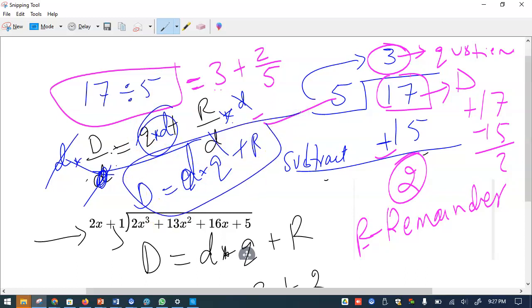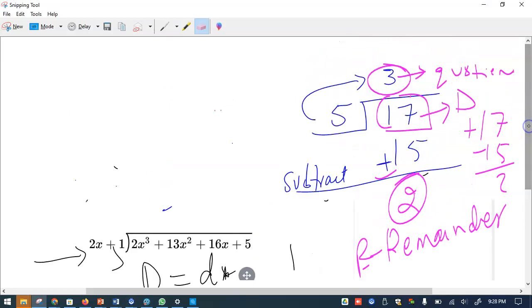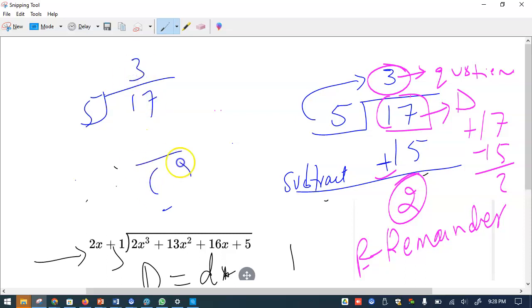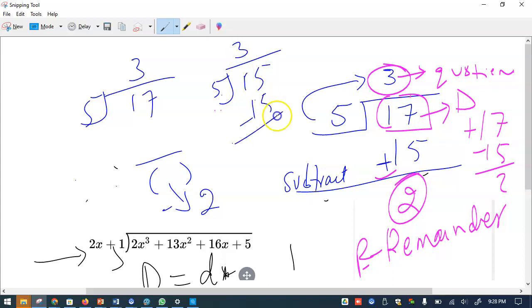Why am I showing this? When we divided 17 by 5, we got a quotient, but the remainder was 2, so it doesn't go equally. If it was 15 and 5 divides 15 three times, when you subtract you get 0.